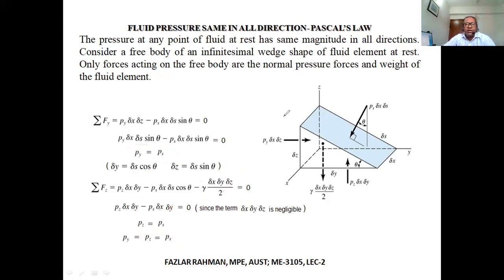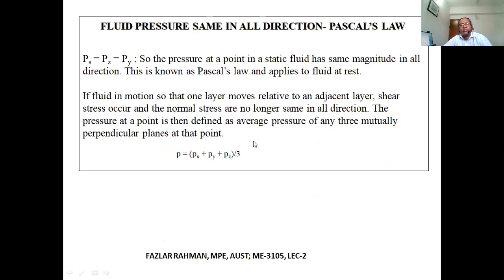So this one is in terms of static fluid. And this law, that a fluid has the same pressure in all directions, is called Pascal's law. Now, if you have a moving fluid, then what will happen?